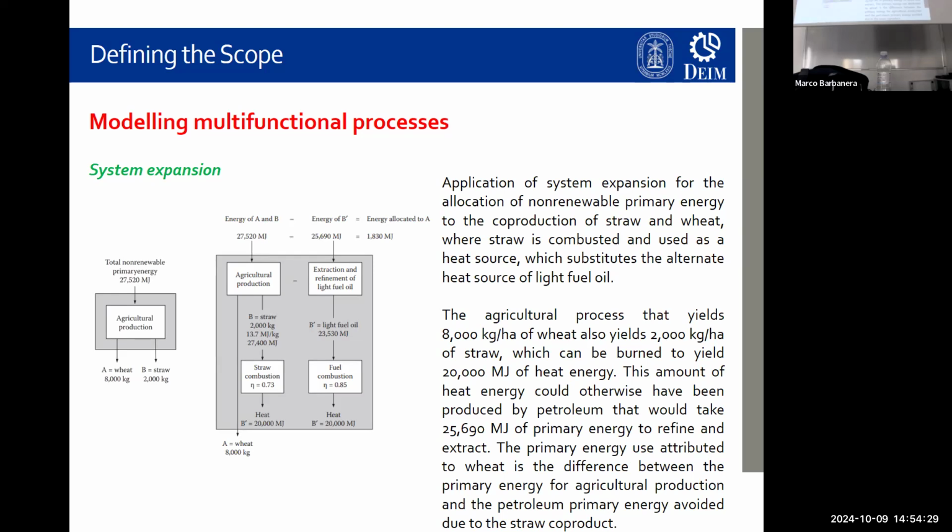So in this case, the ratio is based on the economic values of the products.